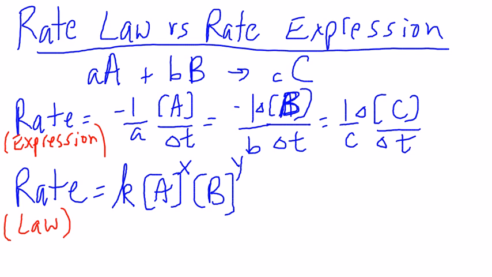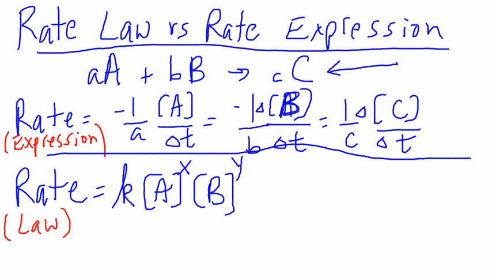So notice first off that you can write the rate expression directly from the balanced chemical equation. You can look at the balanced chemical equation and simply write it as we did in this first example. In order to write the complete rate law, however, you must do experiments. That's shown in the fact that x and y here are both exponents that are variables.